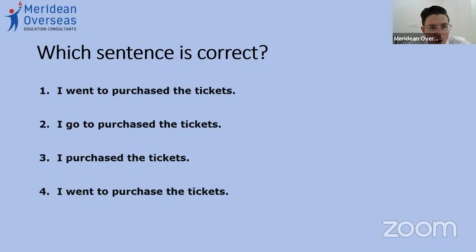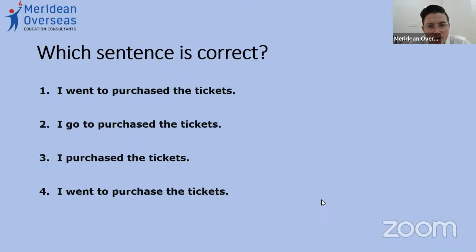Let's go through them. I went to purchase the tickets for number one. Number two, I go to purchase the tickets. Number three, I purchased the tickets. And number four, I went to purchase the tickets.